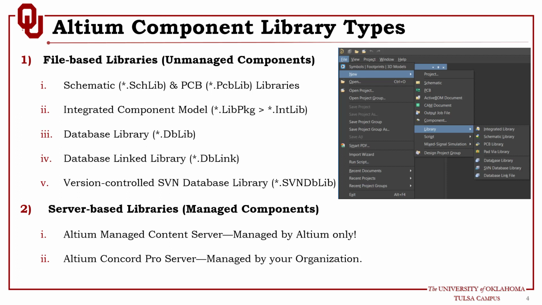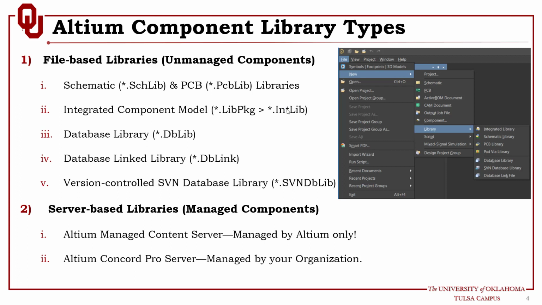Now, all source libraries, symbols, and linked models are defined within a library package project, which is what you will see. The library package project is sequentially compiled into a single file called an integrated library.